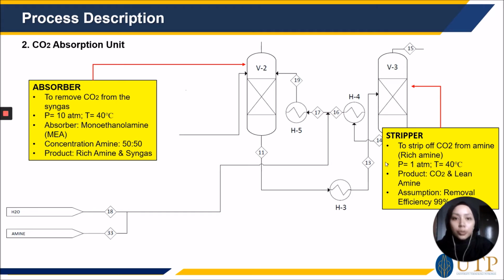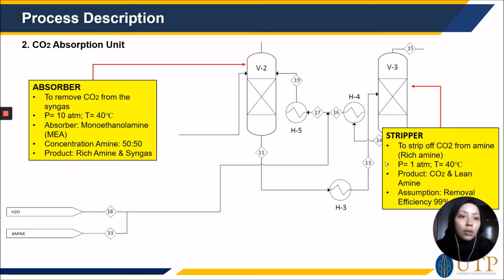So for the product, it will produce a rich amine and also the syngas, where the rich amine will move to the next column, which is the stripper. The stripper is to strip off carbon dioxide from amine, where the pressure is only 1 atm and the temperature is 40 degrees Celsius.